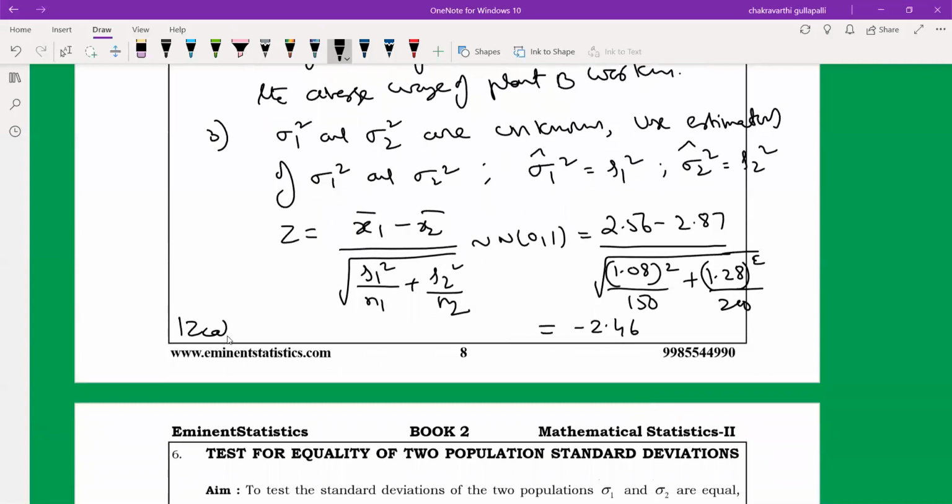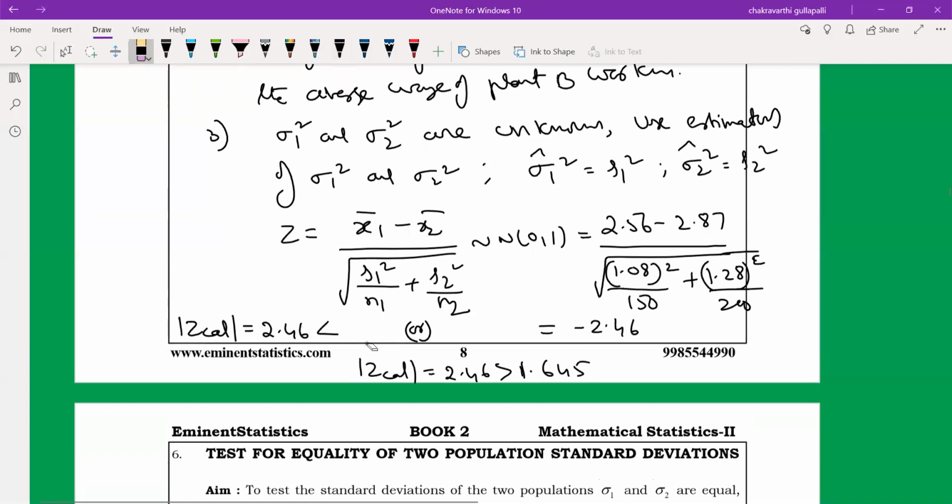Mod Z calculation is equal to 2.46, which is less than 2.58. Or mod Z calculation 2.46 is greater than 1.645, the one tail test concept. Here also change this one.